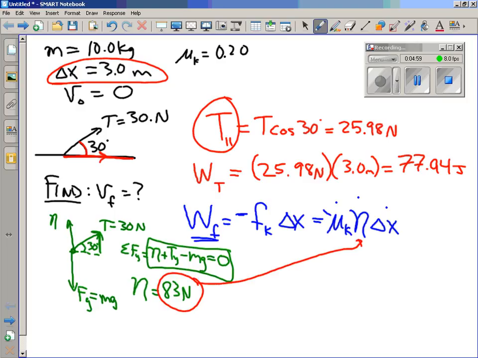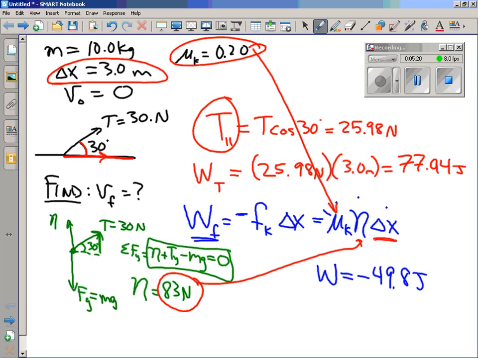You can plug 0.2 in for here. And our delta x is still the 3 meters. And so you get that the work done by friction is equal to negative 49.8 joules. So you have positive work done by the tension in the rope, negative work done by friction.